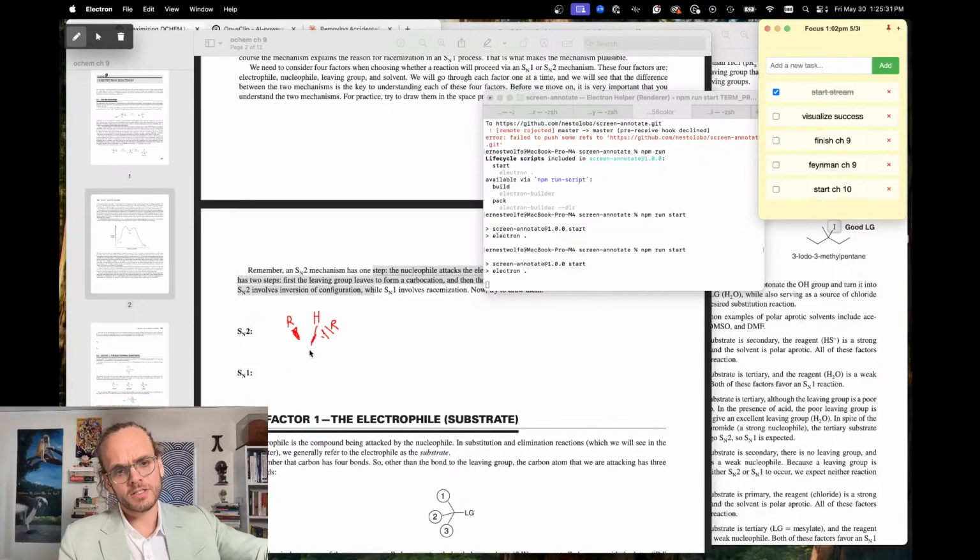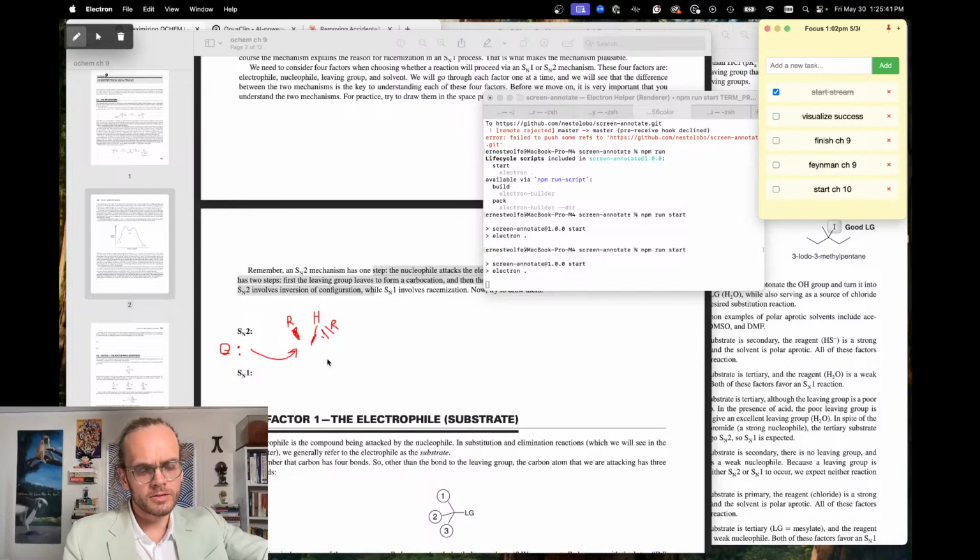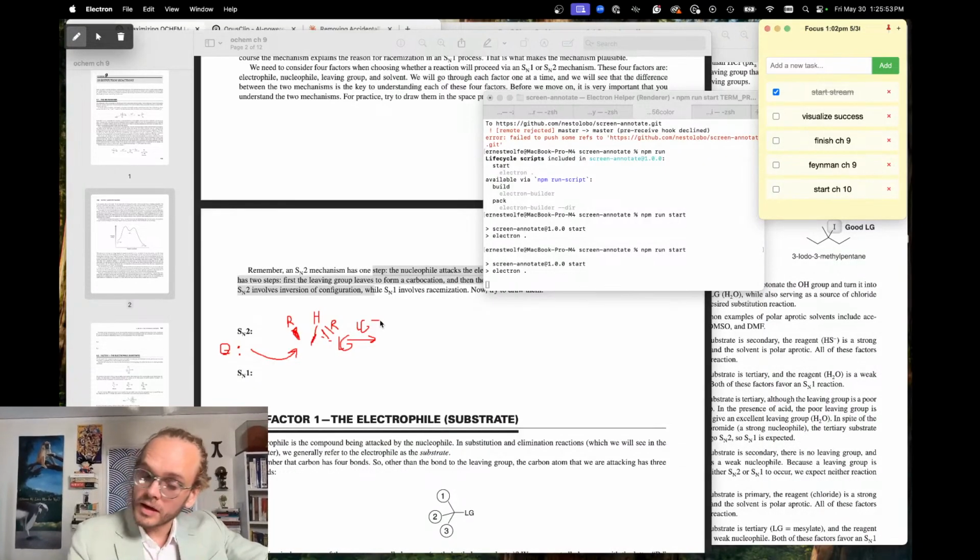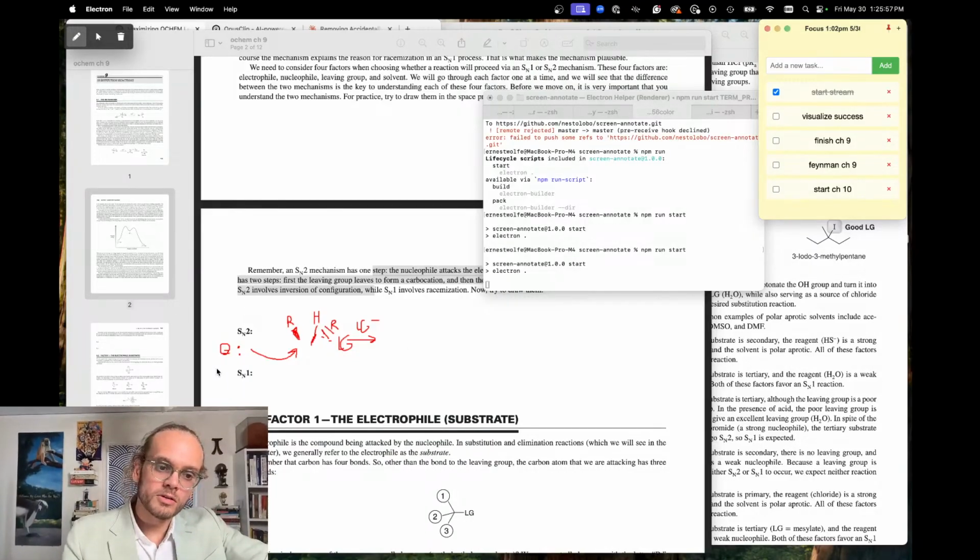And for SN2, there's a nucleophile right here that attacks right here. And it leads to, oh yeah, there's a leaving group. LG minus goes away. And then we have this with a nucleophile on the other side.